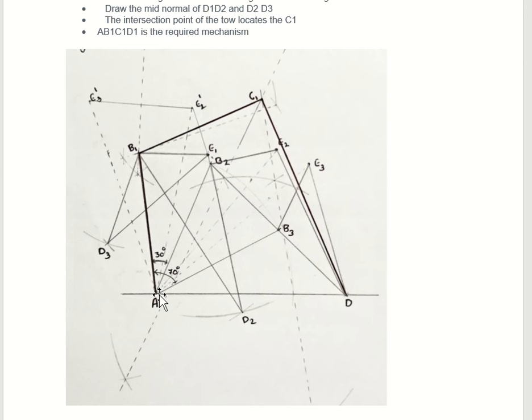Similarly, we will be rotating the line joining A E3 in the anticlockwise direction by about 70 degrees. We'll be marking the 2 points we now got as E2 prime and E3 prime. Next, we'll be drawing the perpendicular bisectors to the line joining the points E3 prime, E2 prime and E1, E2 prime.